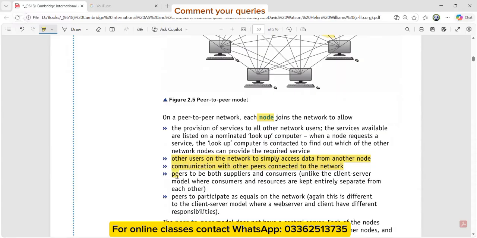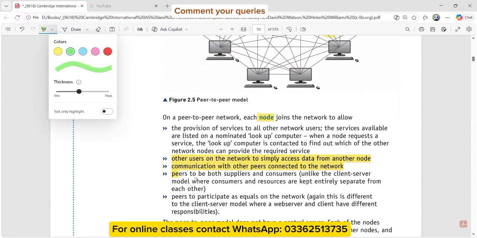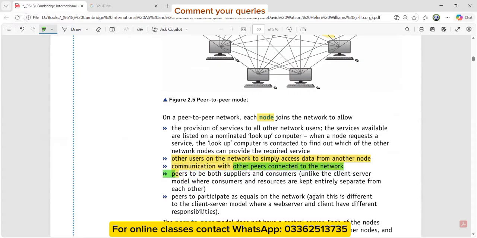Peers are both suppliers and consumers. This is the most important thing, so I'm highlighting it with a different color. Peers are both suppliers and consumers, unlike the client server model. Peers participate as equals on the network. No one is superior, no one is inferior. That's what I said in the beginning. This is different from the client server model. And you can see here, again, a comparison.